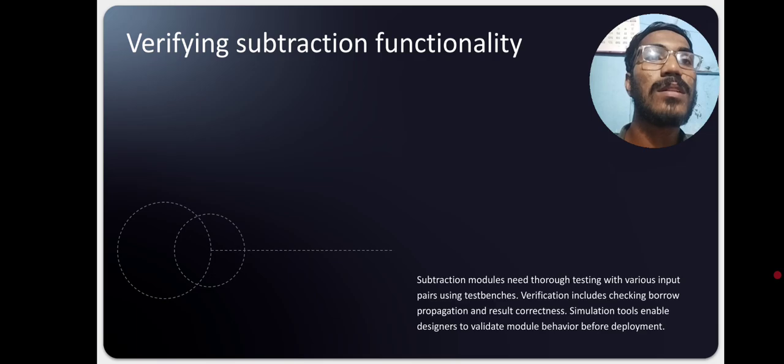Verifying subtraction functionality: subtraction modules are tested thoroughly with various input pairs using test benches. Verification includes checking borrow propagation and result correctness. Simulation tools enable designers to validate module behavior before development.